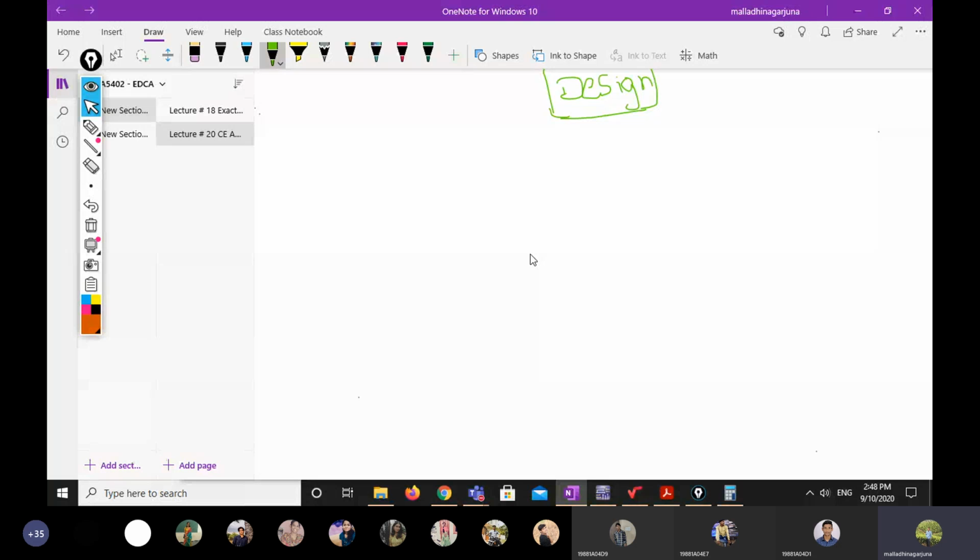If the question specifically asks about simplified or exact, you need not verify hoe into ZL; blindly go with that. But if they didn't mention anything, you have to verify the condition, then decide, and then solve the problem. Is this clear?